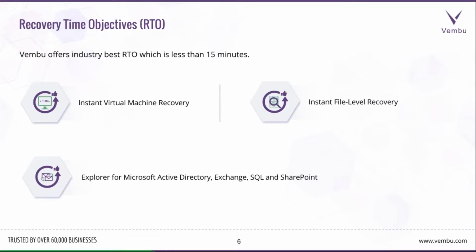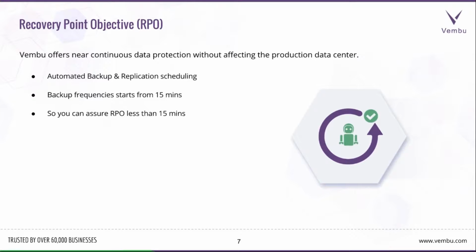It can be achieved by various levels of recovery, including instant virtual machine recovery, instant file-level recovery, or even granular application-level recovery for applications like Microsoft Exchange, SQL, SharePoint, Active Directory, etc.